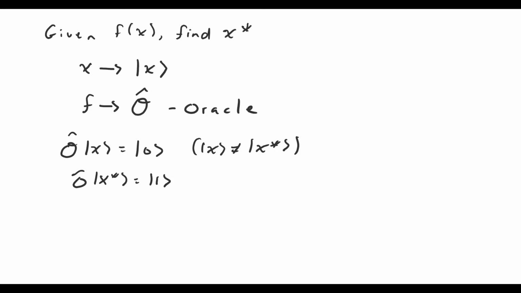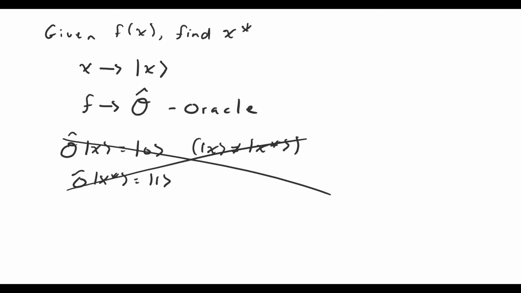This doesn't work because it means the linear transformation O is non-invertible. If we know the output of O acting on some basis vector is the basis vector 0, then there's no way to figure out what the input vector was. It could have been any of the basis vectors besides the basis vector x star.